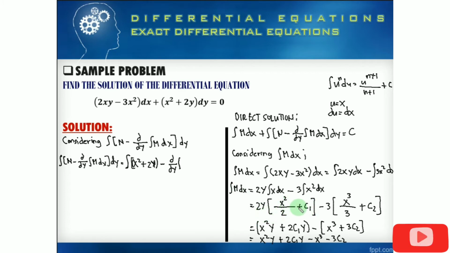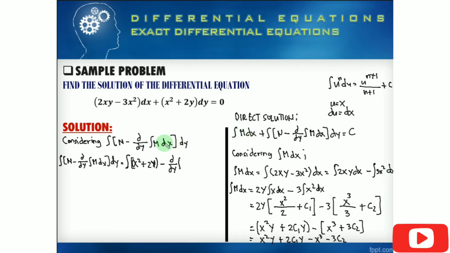But take note that this is just for the first term here. Now we are considering the second term. By solving this integral of m dx, we can still use this one, but your constant here will be a different constant because we already have c1 and c2 for the first term.